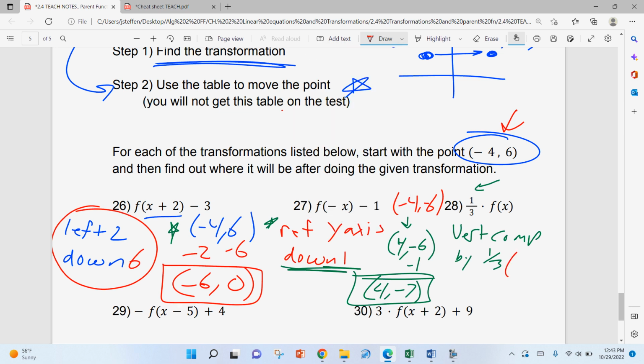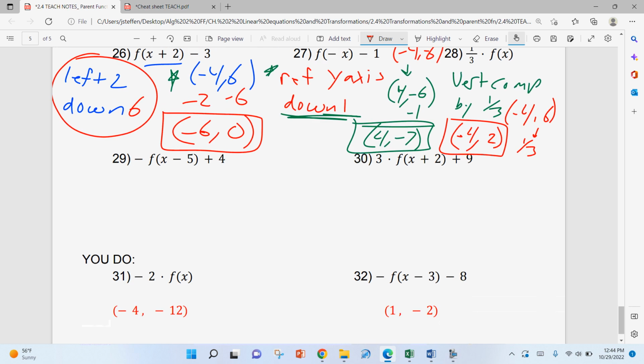But we start off with negative 4, negative 6. I multiply the negative 6 by 1/3. I'm sorry, it's not negative 6, it's positive 6. It seemed weird. So we end up getting negative 4, and then 6 times 1/3 is 2. Use your calculator if you need to. So negative 4, 2 is your answer for that one.